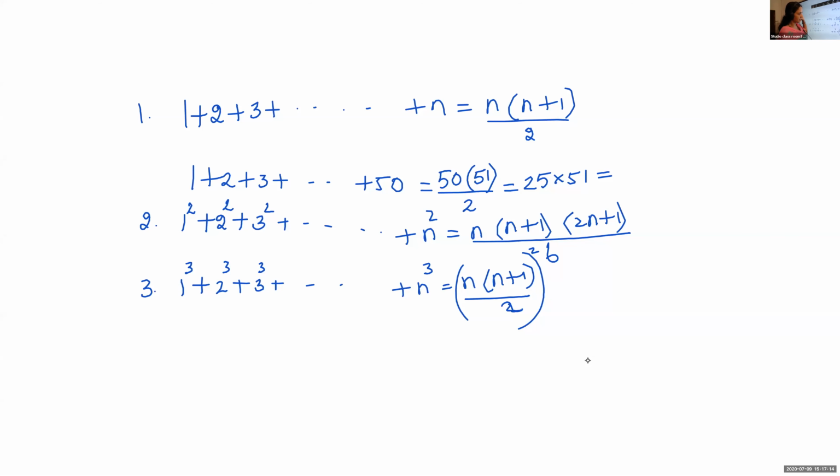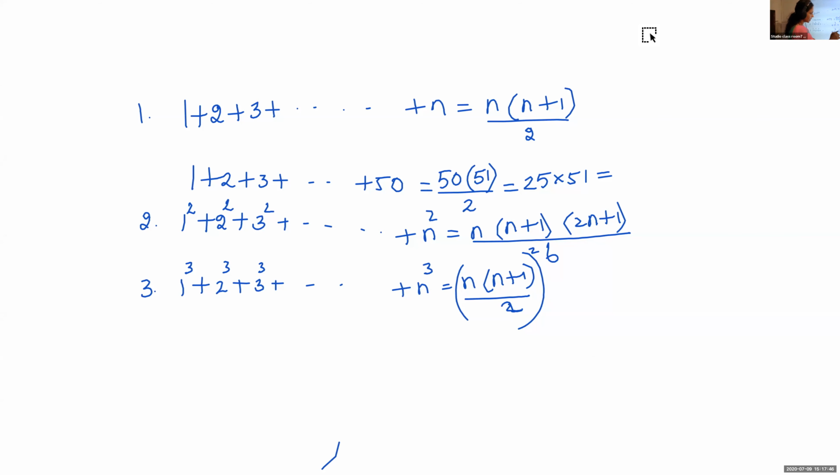What's the sum of first n natural numbers? It is n into n plus 1 by 2. Sum of squares of first n natural numbers is n into n plus 1, 2n plus 1 by 6. And sum of cubes of first n natural numbers is n into n plus 1 by 2, the whole square.